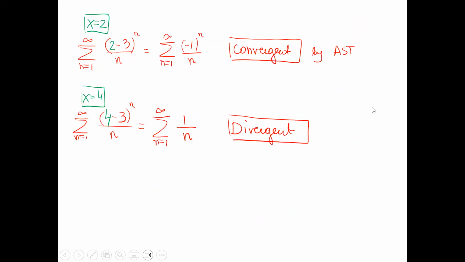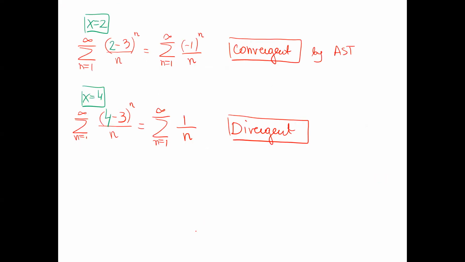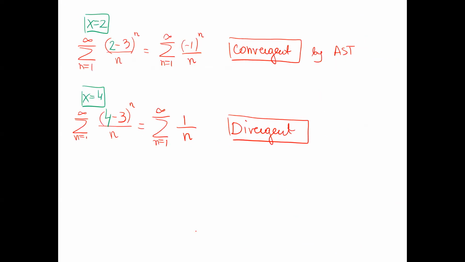Beautiful. Okay, and one more example. This is the solution. Yes, we did it correctly. You may pause the video and look at the typed solution, but we know handwriting is better.